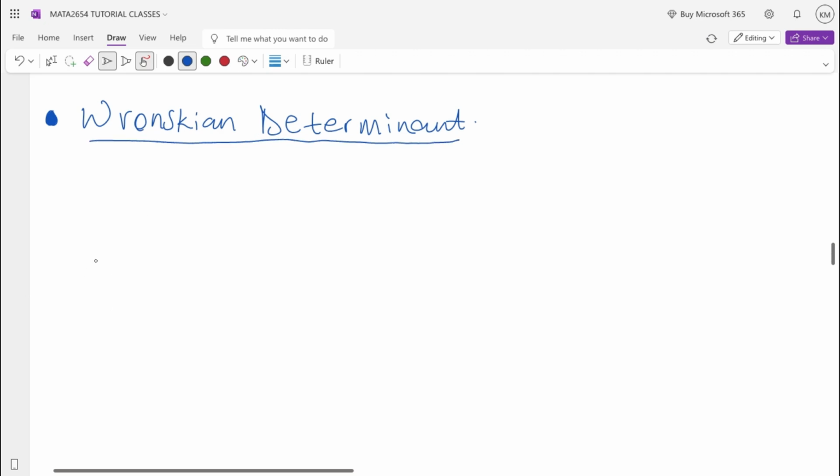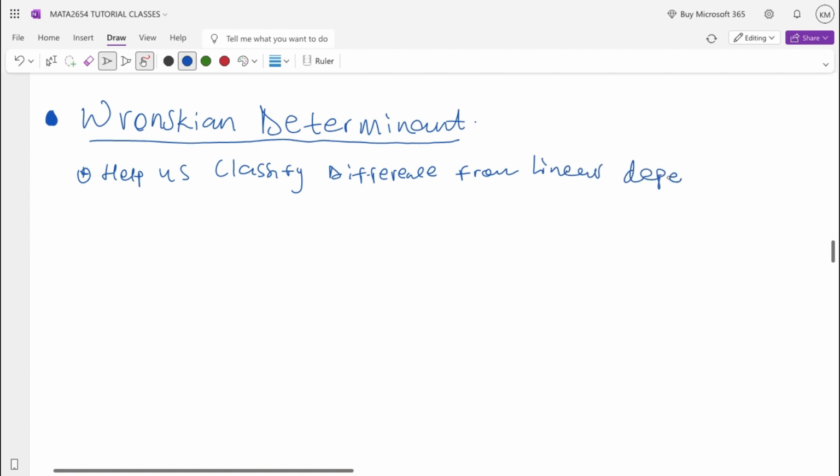A Wronskian determinant is the determinant with which we are going to be able to easily classify the difference between linearly dependent functions, or maybe solutions, and linearly independent functions.